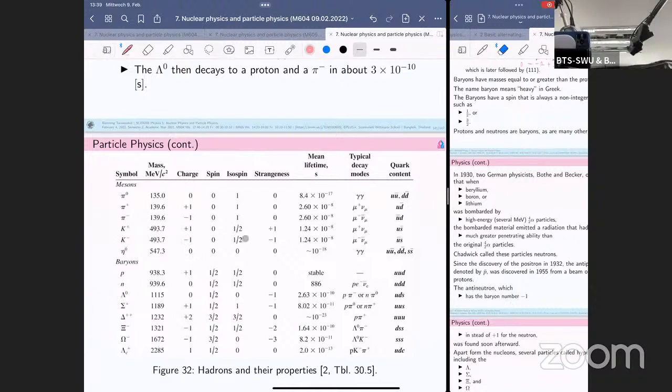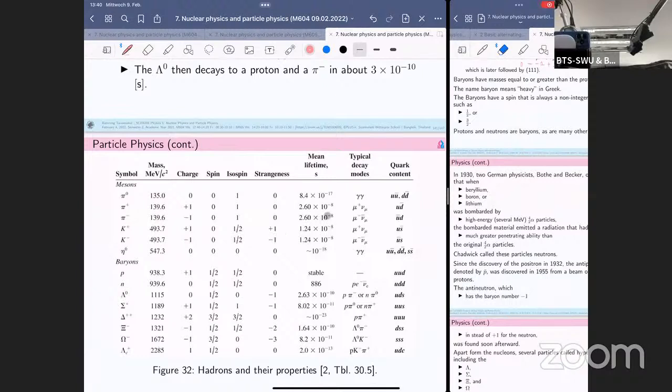The isospin for K meson would be 1/2, and the others 0, and spin number is also 0, and baryon would have spin number as 1/2 or 3/2. Strangeness would be valid for only K plus meson and K minus meson.